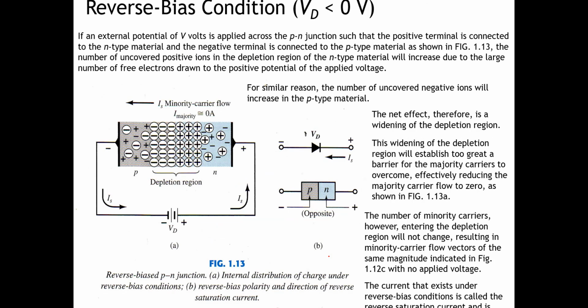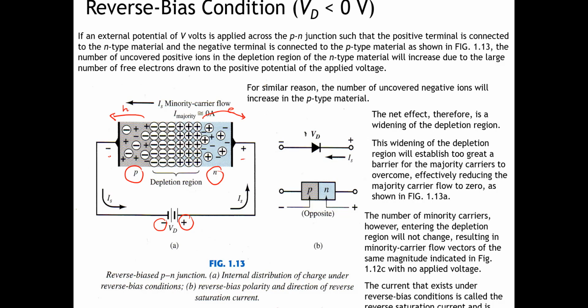And if we put the reverse bias condition, where VD is lower than 0, it means that we connect the P-type to negative and the N-type to positive, like this one. So this is the reverse bias condition. The hole in the P-type will be attracted to the negative voltage, and the electron, being negative, will be attracted to the positive voltage over there.